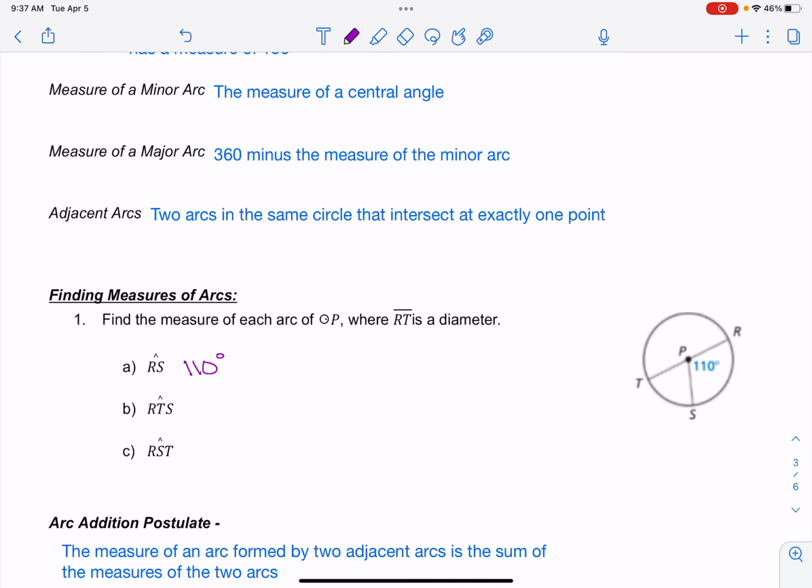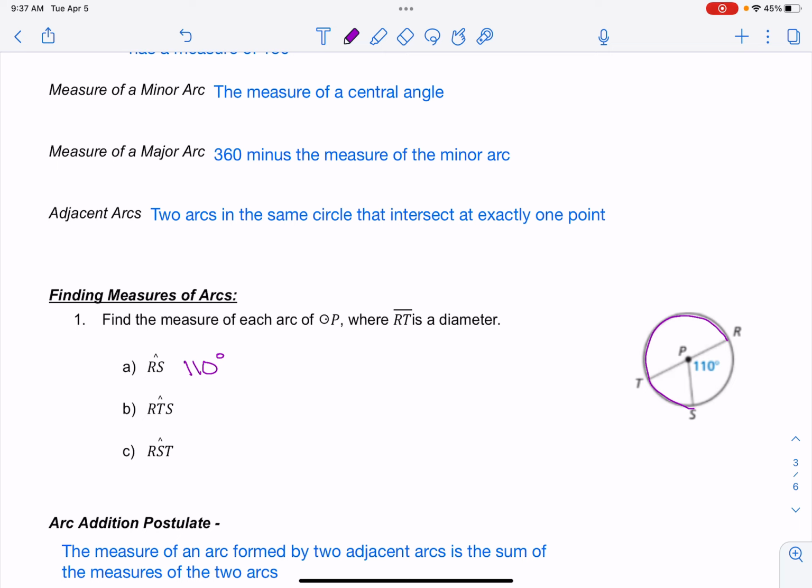Next, we need to find RTS. So R to T to S. So something that wasn't mentioned above is that major arcs are labeled with 3 points, and minor arcs are labeled with only 2 points. So this is a major arc.